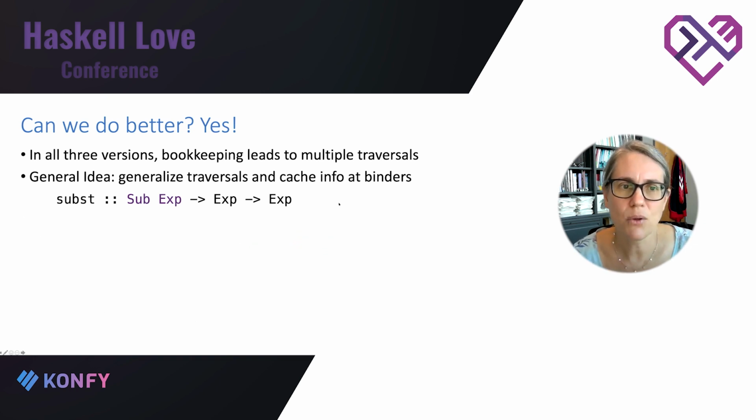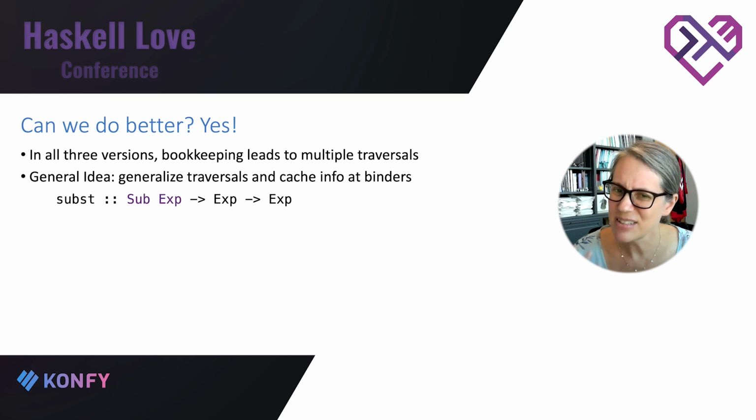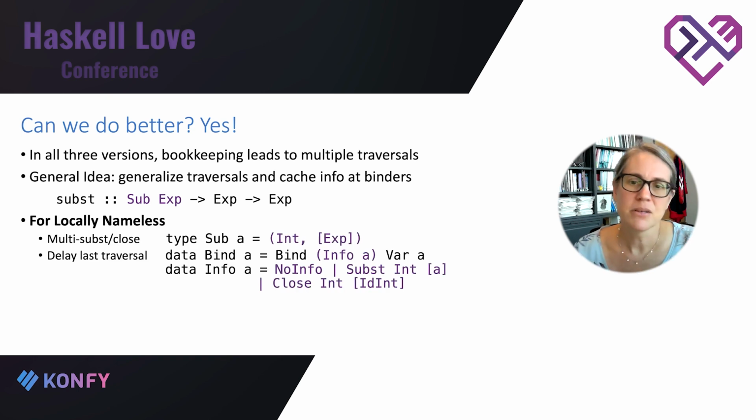What about with locally nameless? With locally nameless, again, it's using this mixed indexed and free variable version. And so with locally nameless, what are we going to do? We're going to delay, and we're going to observe that when we work with locally nameless terms, we often do a lot of opening and then some substitution and a lot of closing in a row.